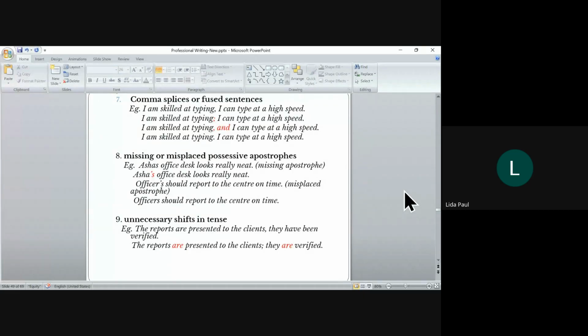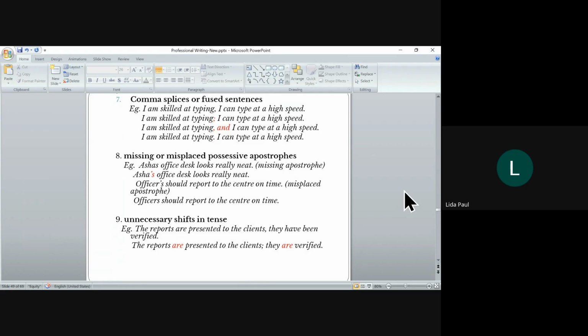Or the best method to avoid the problem of comma splices or fused sentences is to separate the two sentences using a full stop, write them as two separate sentences. Comma splices basically mean when there are two independent sentences separated by a comma, right? So that is not allowed. In English, you cannot join two independent sentences together by just separating them using a comma.